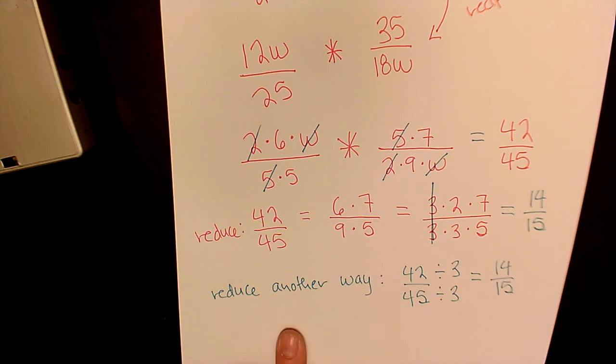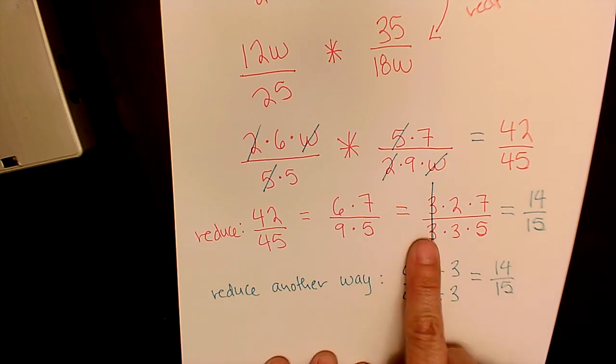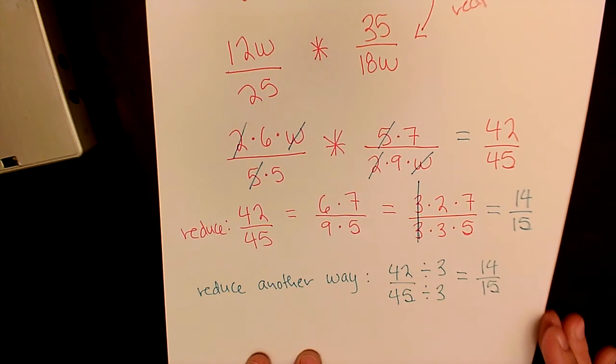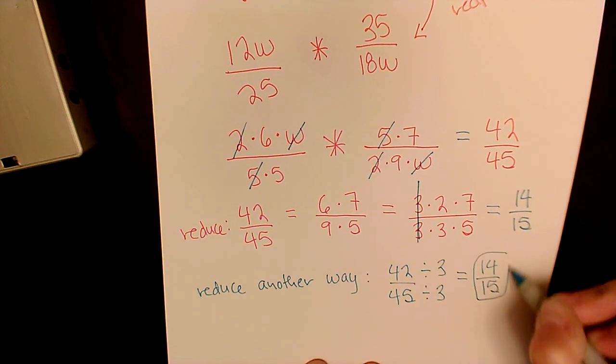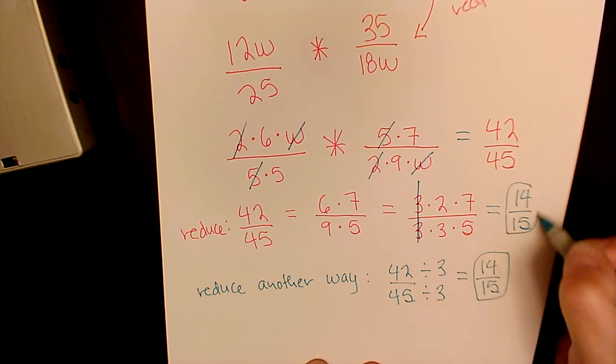So that's another way, but I like this way, writing out the factors and then canceling. We're doing the same thing in two different ways. You pick whichever way you like best. Okay, so that's my final answer for the division.